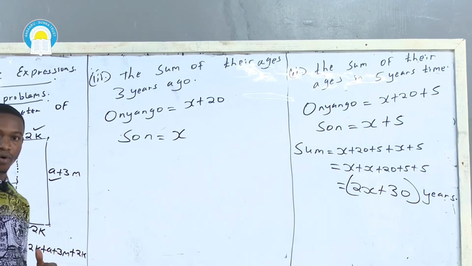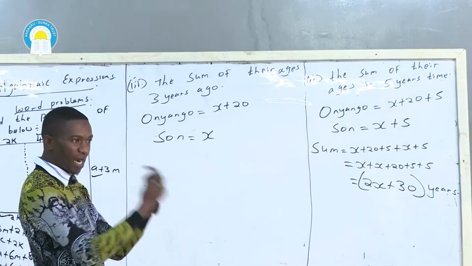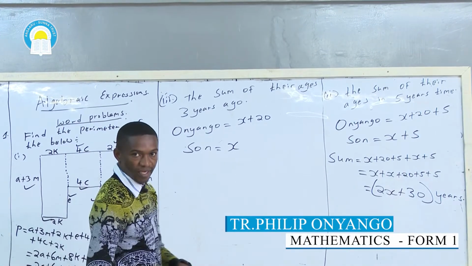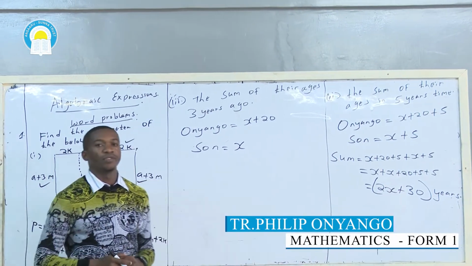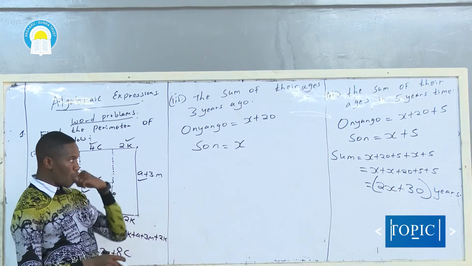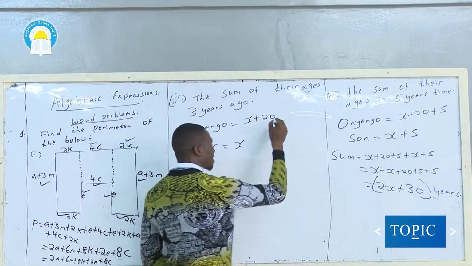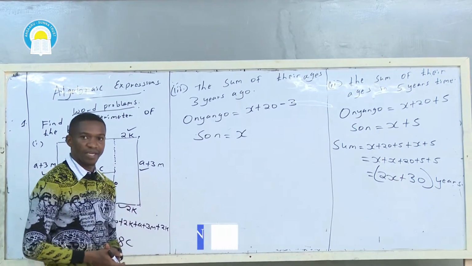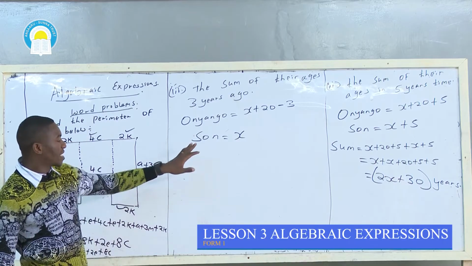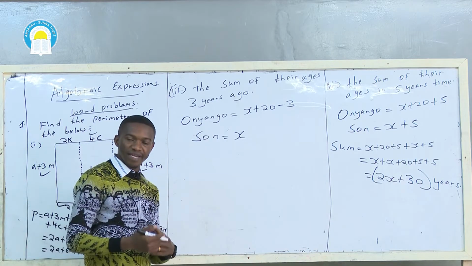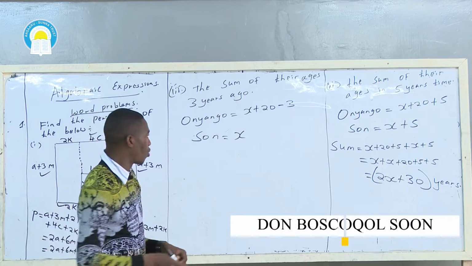3 years ago simply means backwards. If Mr. Onyango's age right now is X plus 20, what was Mr. Onyango's age 3 years ago? You will subtract 3 from his present age. The Sun's age right now is X. What is the Sun's age 3 years ago?